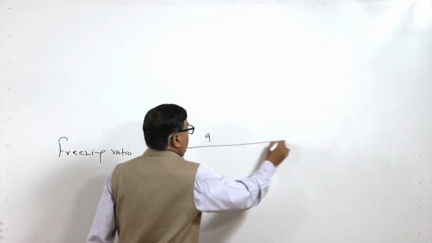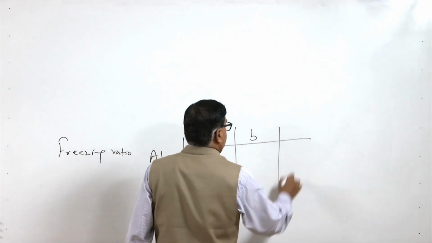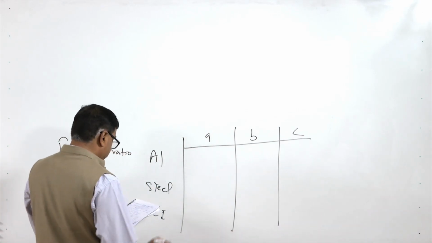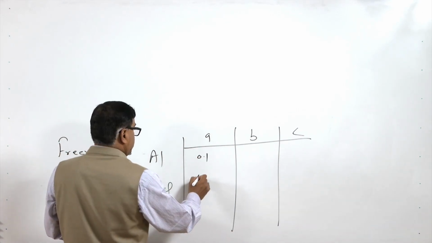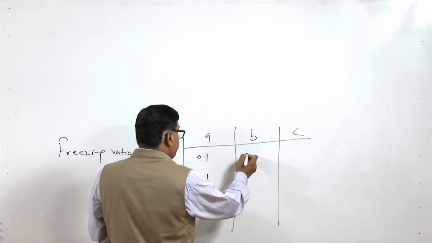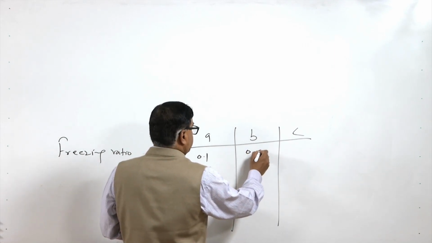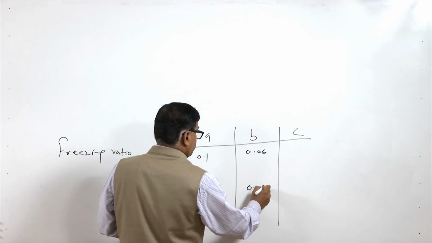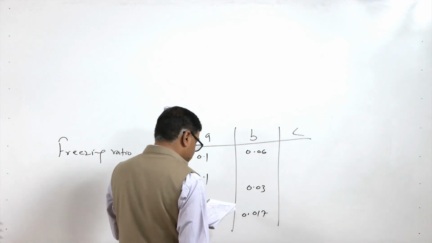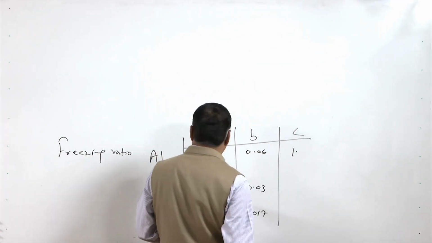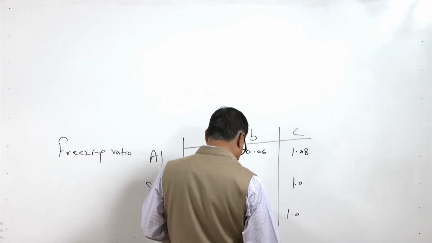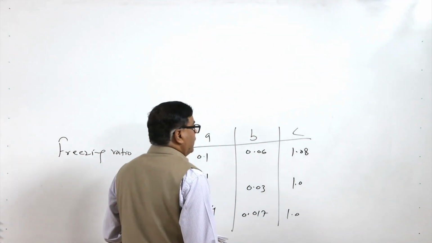The values of A, B and C: A for aluminum is 0.1, for steel 0.1 and for cast iron 0.04, and B for aluminum is 0.06, 0.03 for steel and 0.017 for cast iron. Similarly, C for aluminum is 1.08, 1 for steel and 1 for cast iron.